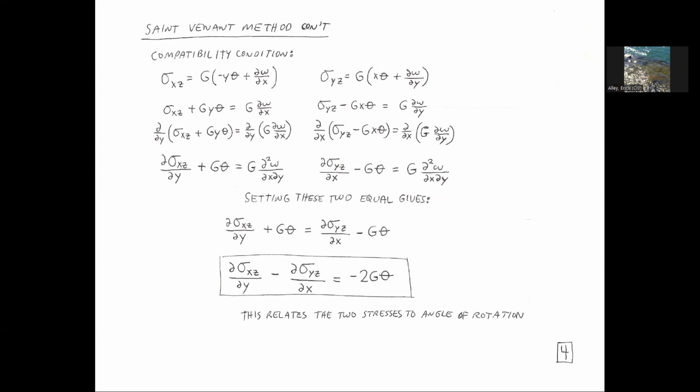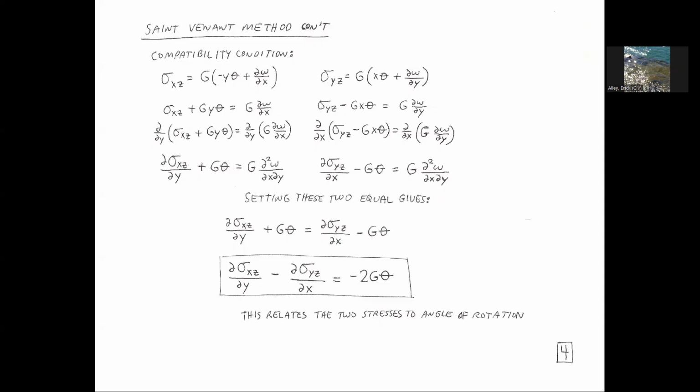So just like before, where we started taking some opposite derivatives, we'll do the same thing. I see what it looks like for G times the w derivative on both sides. We solve for that and move everything over. So let's say for sigma xz, I take a d/dy on both sides.